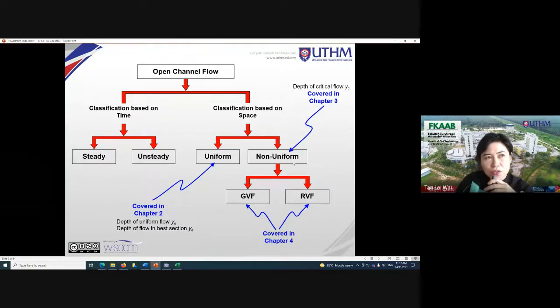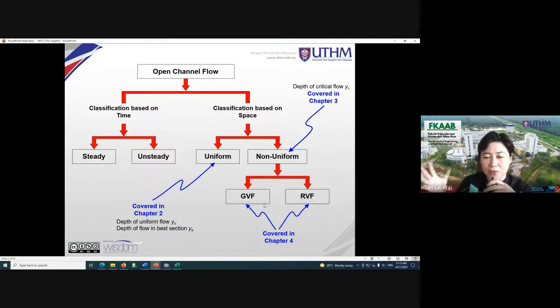Chapter 3 is probably going to take between 2 to 3 weeks. After chapter 3, we are going into the same topic, non-uniform flow, but we are going into the difference between rapidly varied flow and gradually varied flow. In rapidly varied flow, we'll look at one example, which is the hydraulic jump, because it occurs very rapidly. For gradually varied flow, we are going to look at backup of flow and also flow overflowing into a pond or anything.